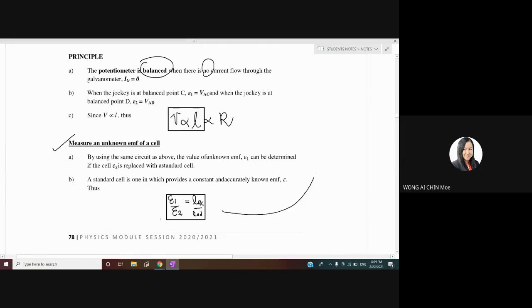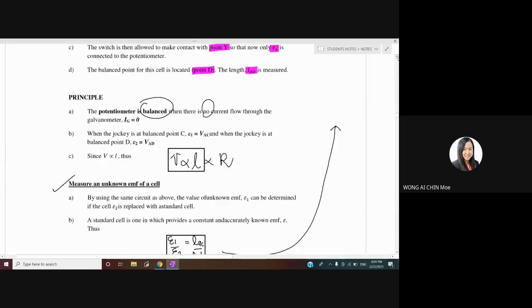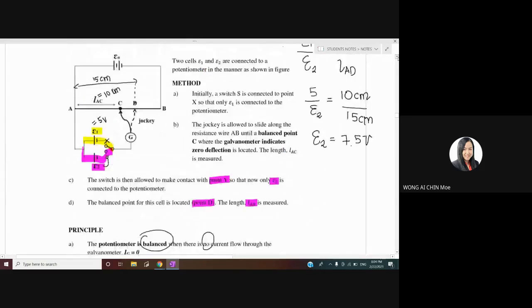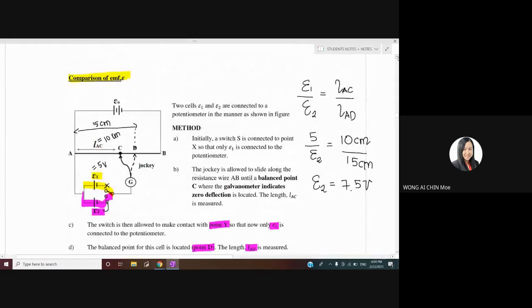If epsilon 1 is given and they ask you to find epsilon 2, you can do it using the equation between the potential difference and the length. It's directly proportional. So kita boleh guna cara ini untuk carilah EMF untuk sel yang kedua ataupun epsilon 2.